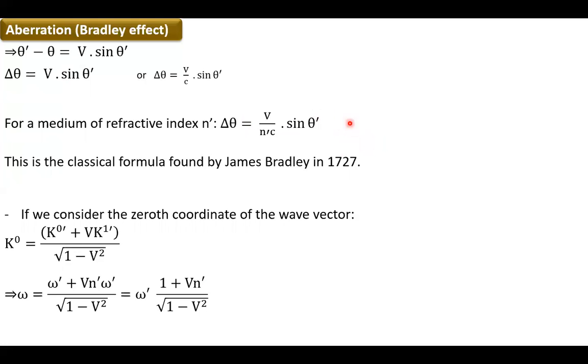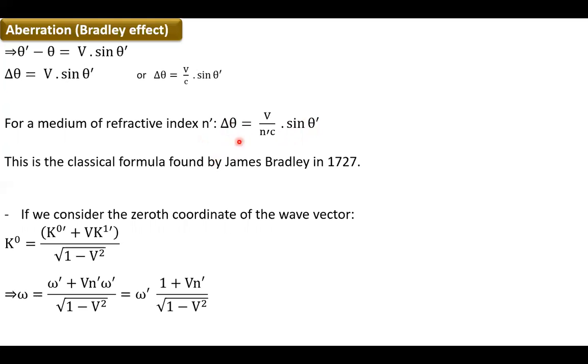This is a formula found classically for low velocity by James Bradley in 1727, some 300 years ago. It's an approximation for low velocities found by James Bradley. So this is a classical aberration formula.